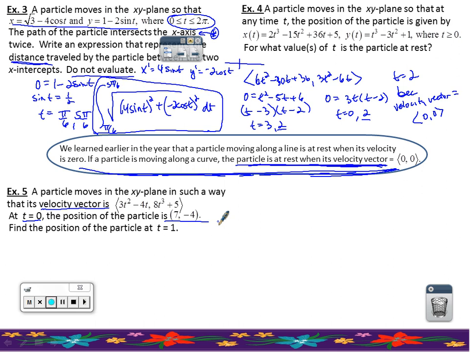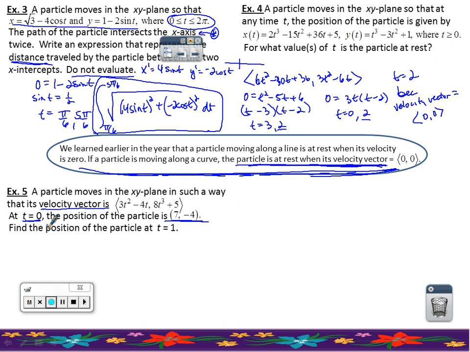Okay, a couple different ways to do that. I'm just going to work us through just doing an antiderivative. That's one way to do it. So we'll do an antiderivative of each one of these to go backwards to the position, and then we'll find our c with this information right here.